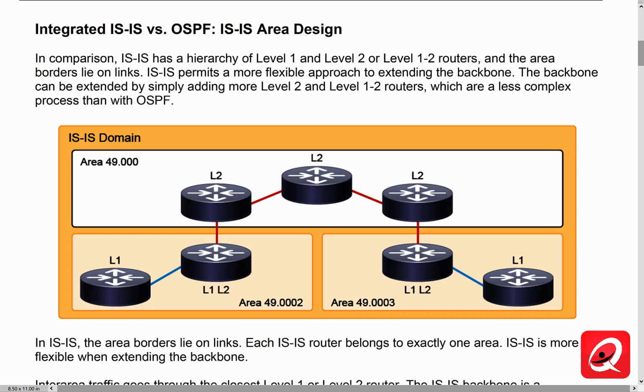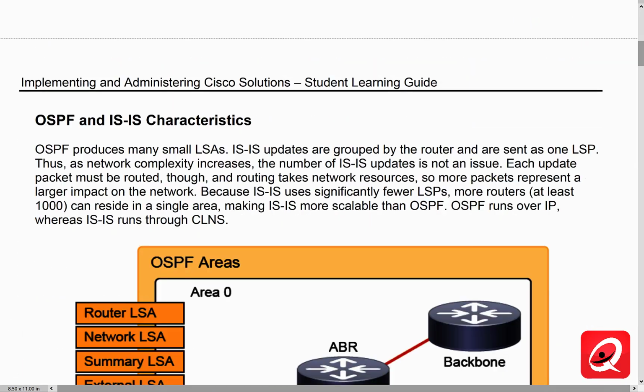All right. So, but the ISIS backbone is essentially a contiguous link or chain of level 2 capable routers that span across all the areas and join those areas together. All right.